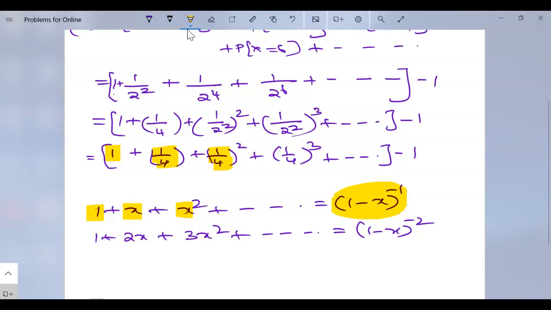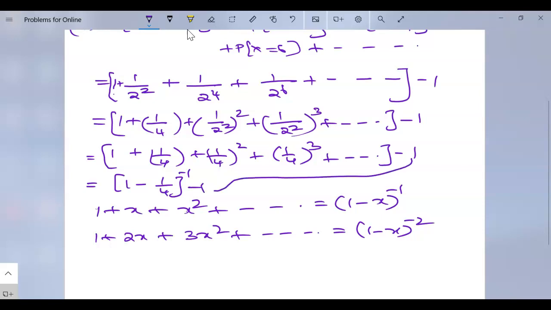So instead of this infinite series, I can write it as 1 minus x, x is 1 by 4 here, the whole inverse. This minus 1 comes from here. Okay, so this is what I'm writing, the minus 1 from there. Clear? So this is equal to, that's it.